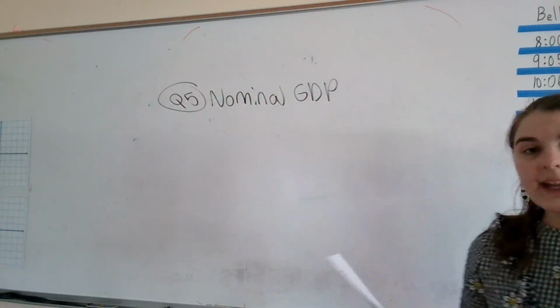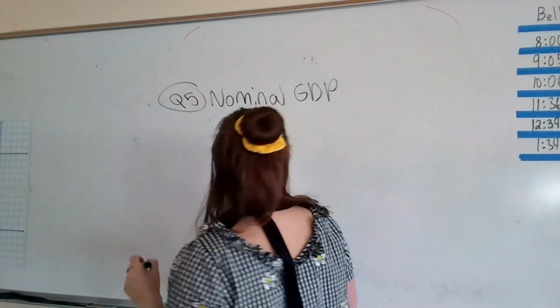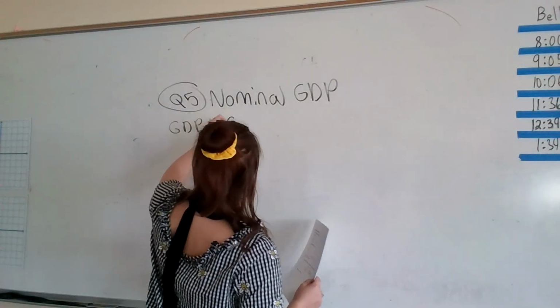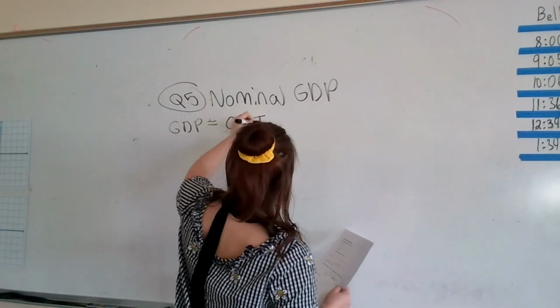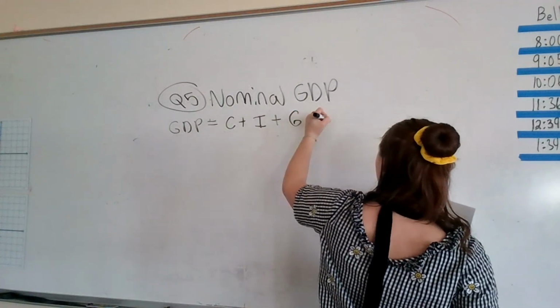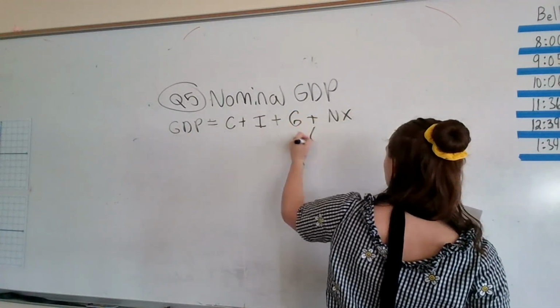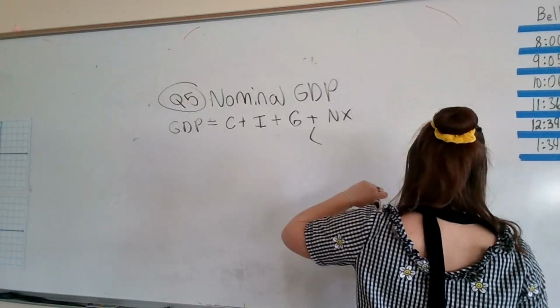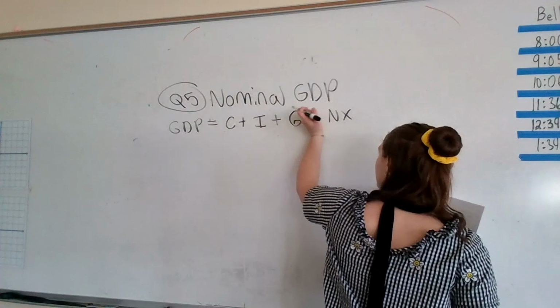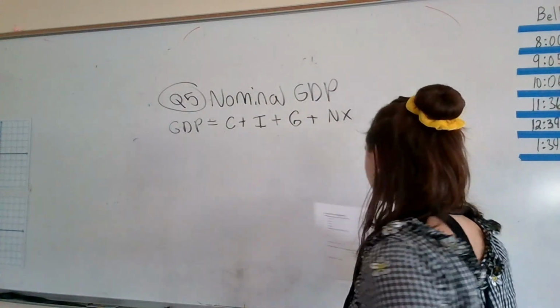So in this economy, we have GDP. Remember, GDP is broken up by consumption, investment, government spending, and then we have our net exports, which is usually, if we remember correctly, our imports minus our exports.